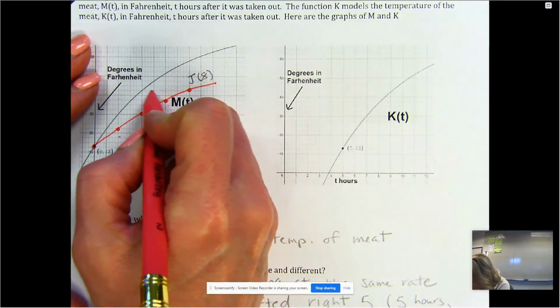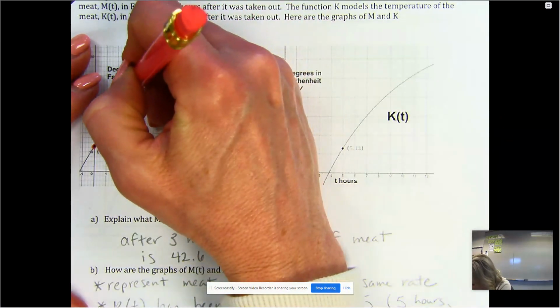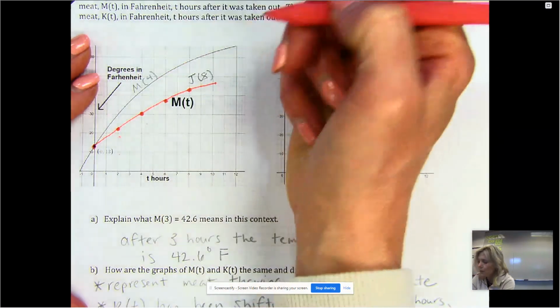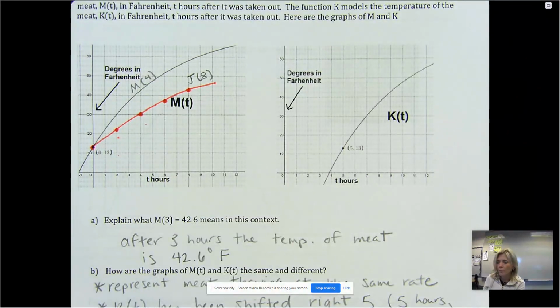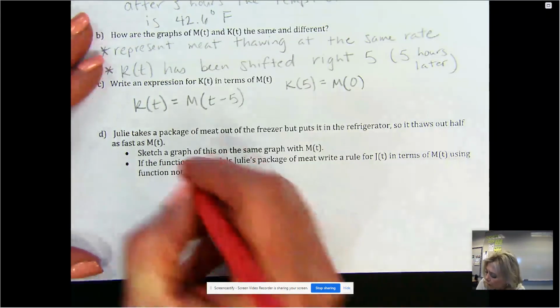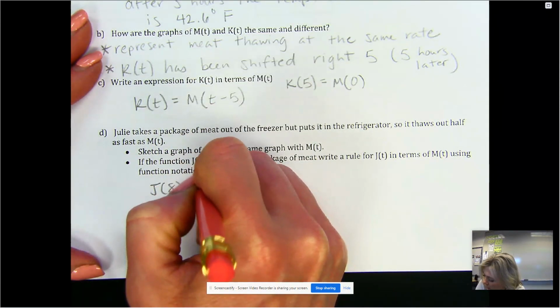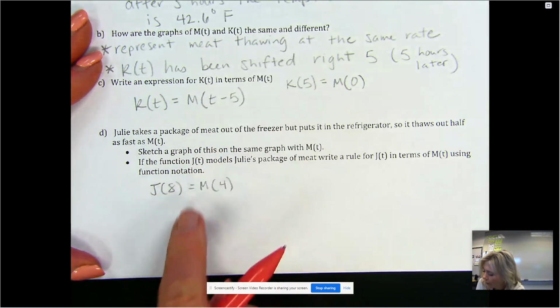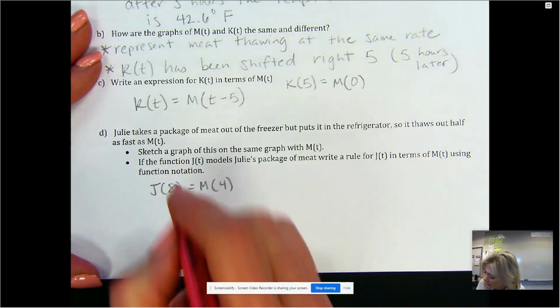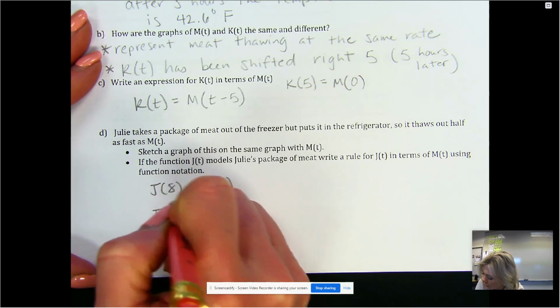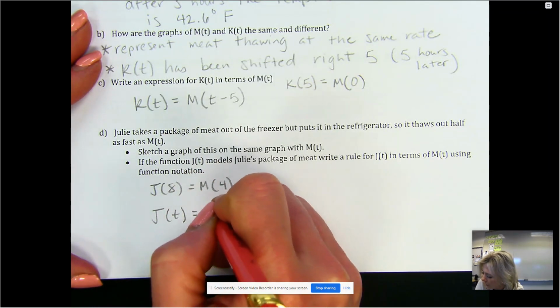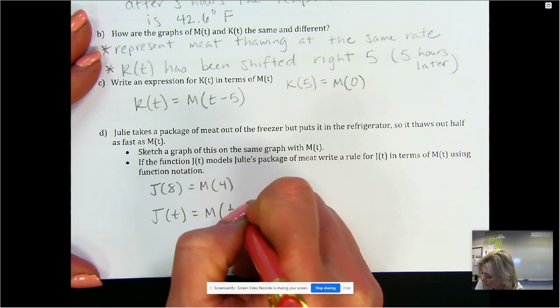It's at the same height as M of 4. They have the same output, J of 8 and M of 4. So if I know that J of 8 is equal to M of 4, this is half of 8, right? So in general, J of T is equal to M of 1/2 T.